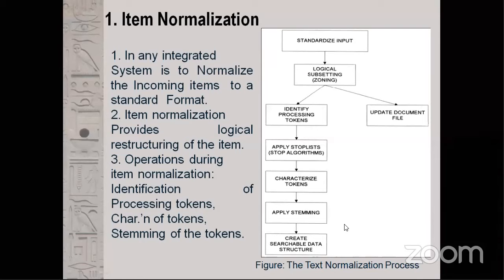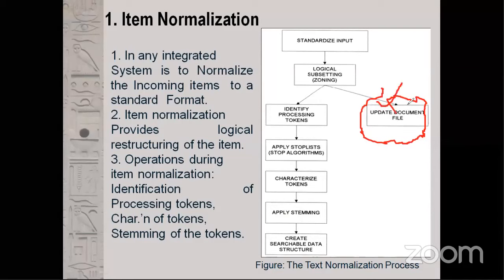Sir, can you please explain what is update document file? Okay. Update document file means whenever data comes to your end, I need to apply all these things, and I need to maintain one file for those documents. Whenever a new word or a new item comes to your end, I need to update your document file.